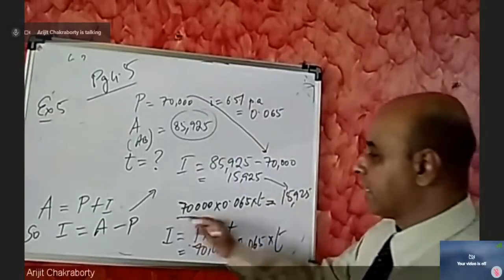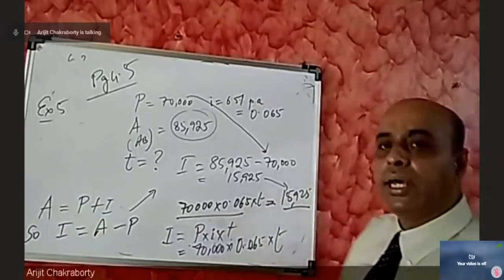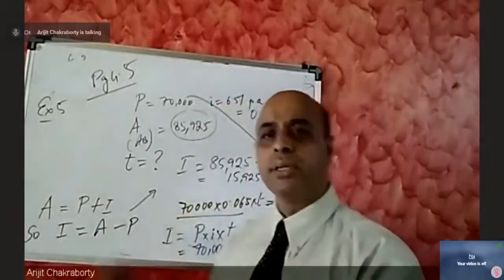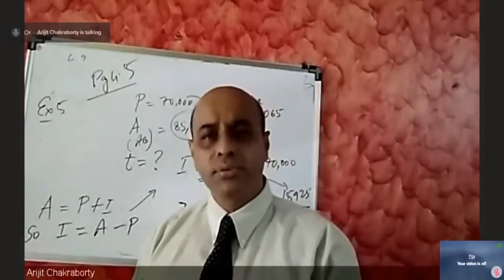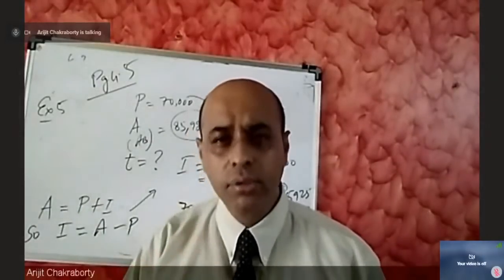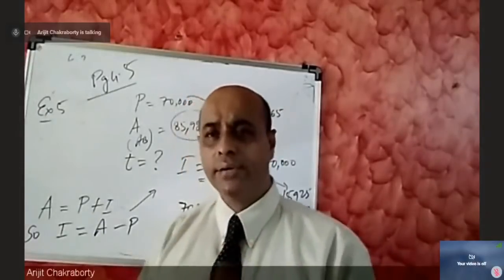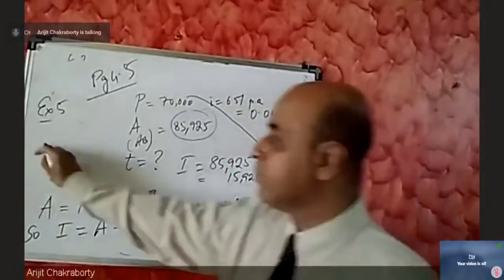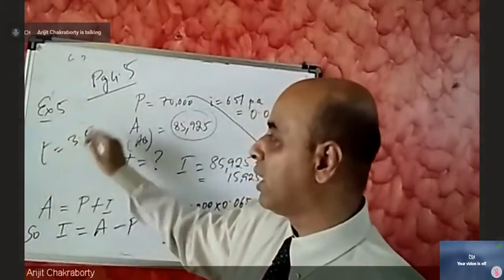This is the left hand side, this is the right hand side. If you simplify, you can just work it out. I'm not going into the calculation. You have a calculator in hand. Please work it out. It will be good practice also for the exam of how to use the calculator fast. If you do it, you will find that time will be equal to 3.5 years.